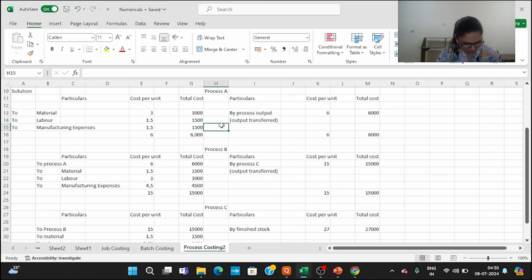It is possible that during the production, some material may be lost or damaged due to the inherent nature of the process. Therefore, a detailed record of these losses is shown on the credit side of the process account.